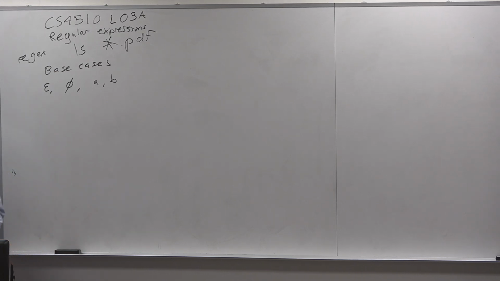So there are two parts: a syntax and a semantics. Right now we're just defining the symbols of a regular expression, and then we'll talk about what the regular expression describes, right? And of course, we're going to have an inductive definition.